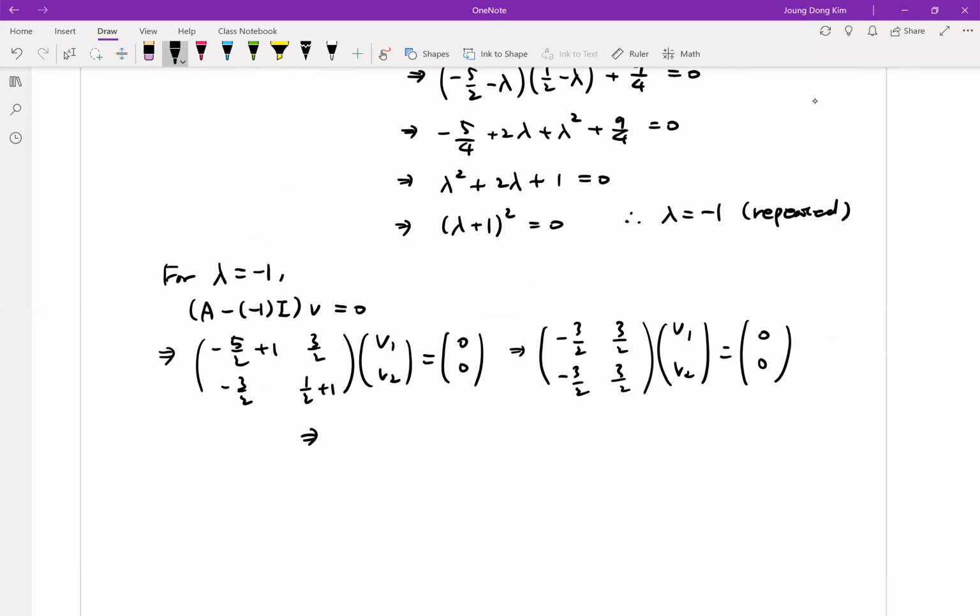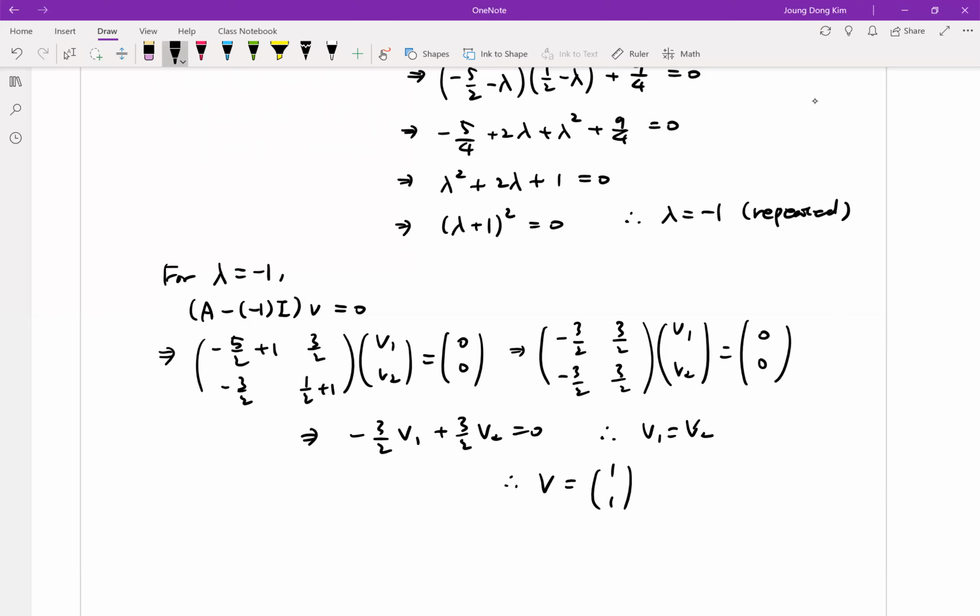Then the conclusion is 3 over 2 v1 plus 3 over 2 v2 equals 0. And I can say v1 must be equal to negative v2. Then your first vector is 1, negative 1.